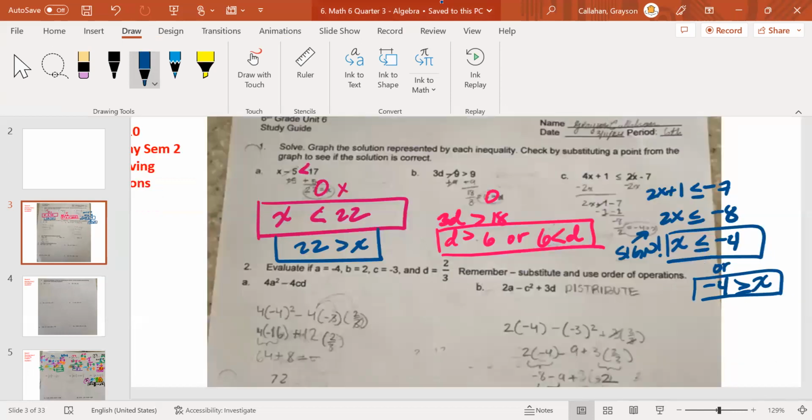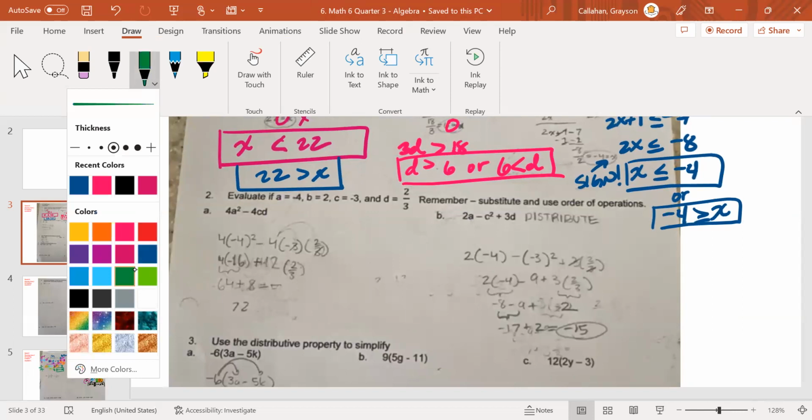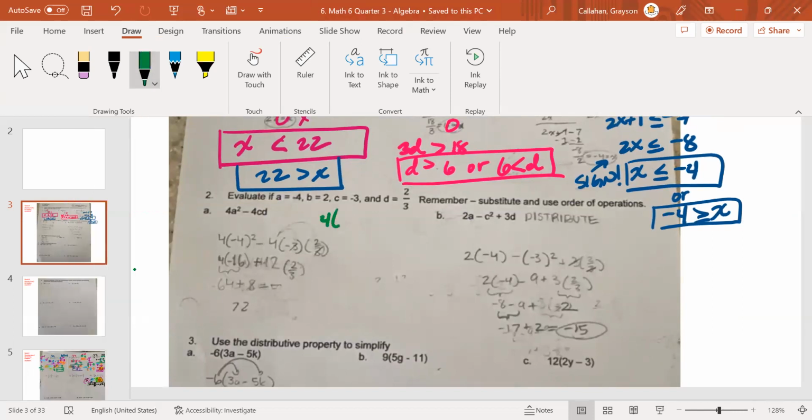Okay. Number 2. So we're going to do some evaluation. This one says if a equals -4, so 4 times -4 squared minus 4 times -3 times 2/3, right? Okay, you gotta do this part first. -4 times -4, okay, you got this wrong. There's 2 -4s, which is a positive 16.